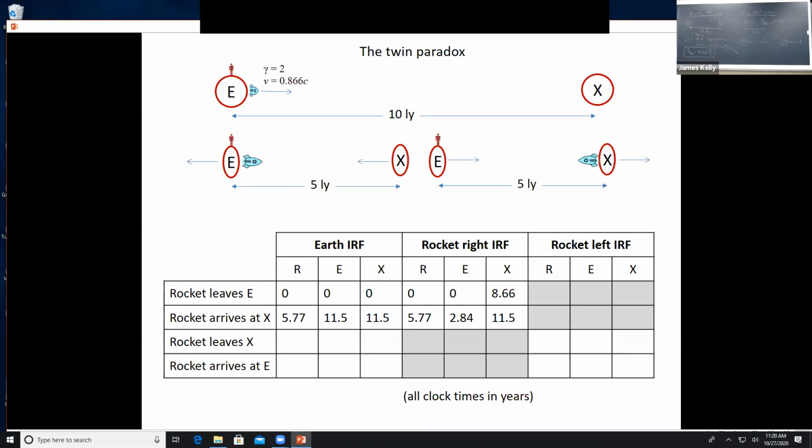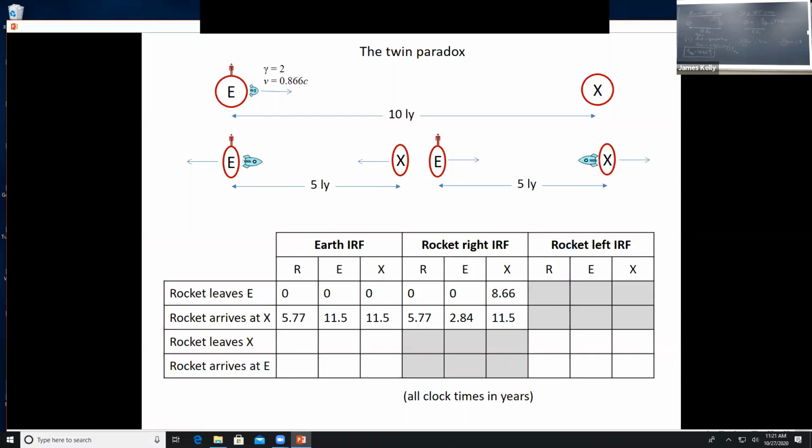These two events were at the same location for him. And we found out how much time Bob assessed happening between those two events. We said that was the one case where we could just simply use the time dilation formula to assess how much time is experienced by the other point of view.